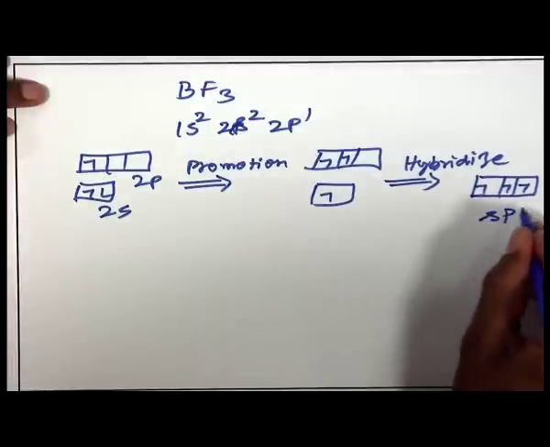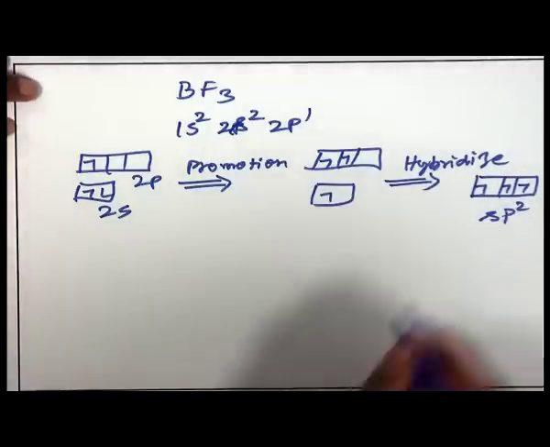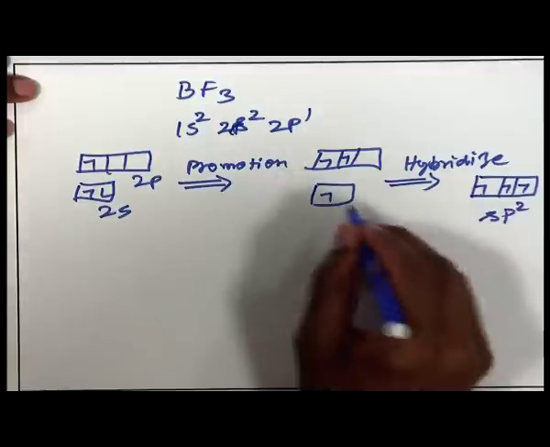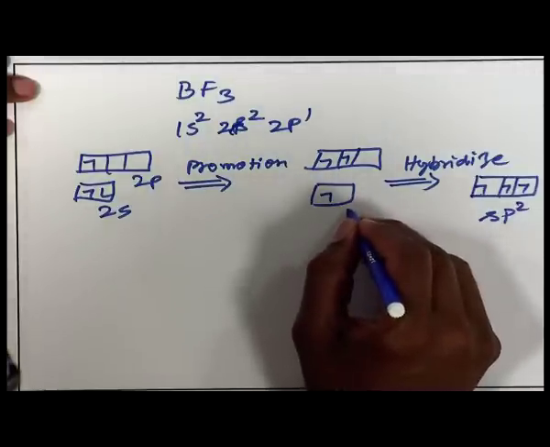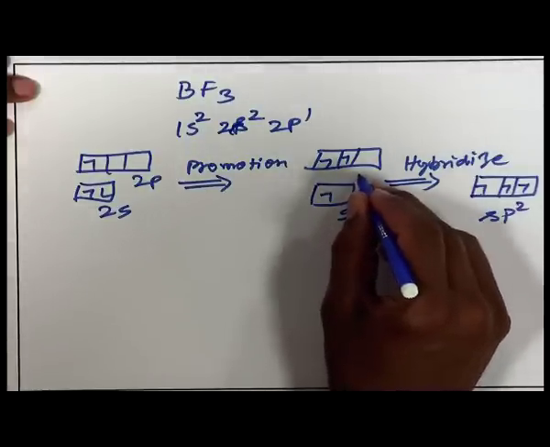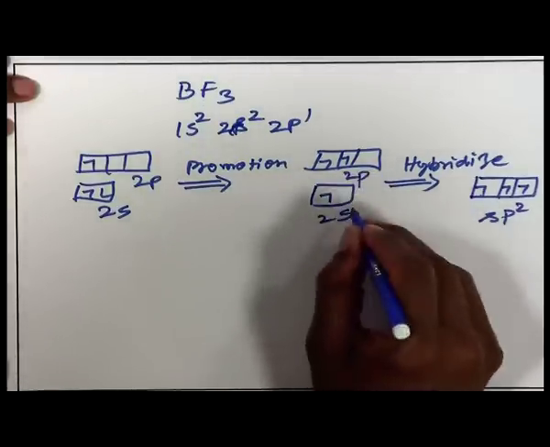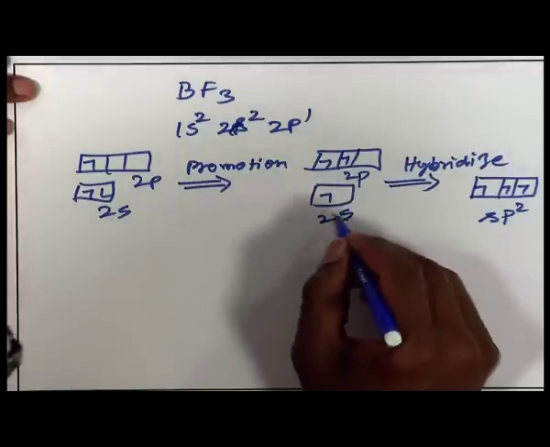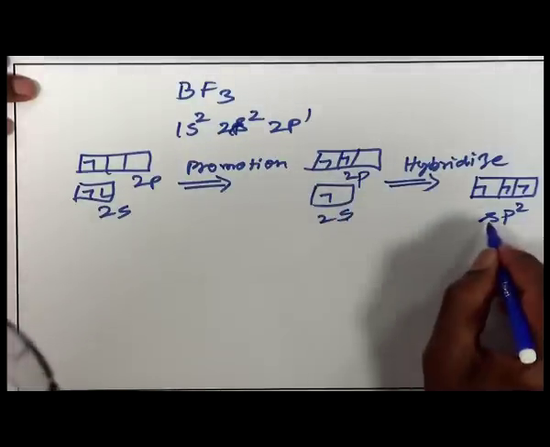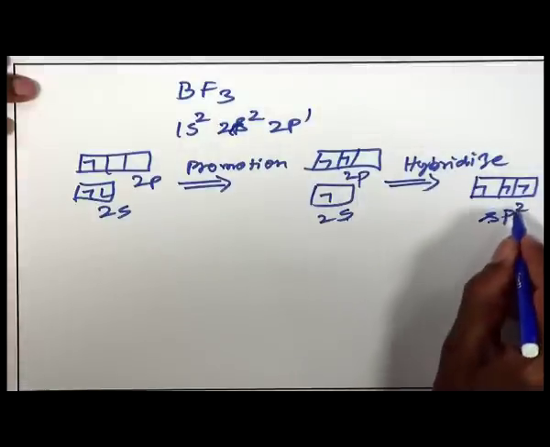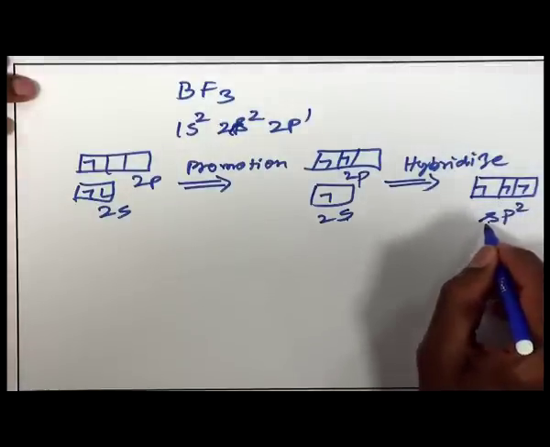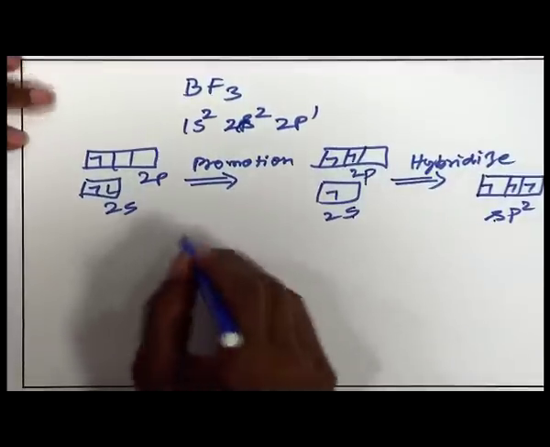So, it is called sp2 hybridized orbital, because 1 s orbital combines with 2 p orbitals. There are 2 p orbitals involved, that is why it is an sp2 orbital. They look like this.